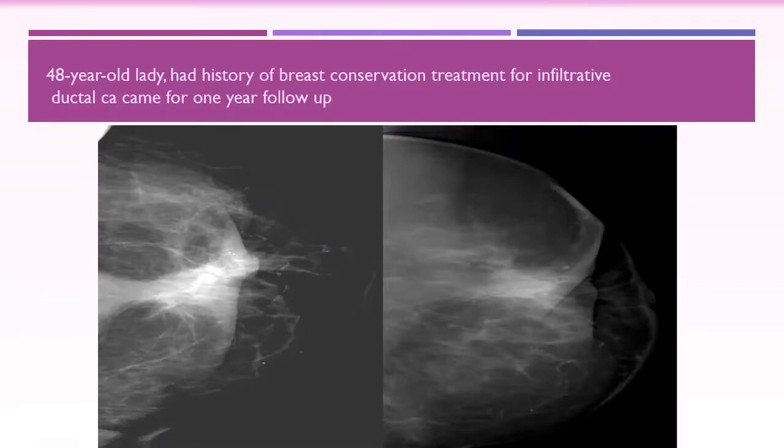So yes, the density decreased. Most probably that was post-surgical features, for example what occurs after surgery, edema and so on. And what is new? There is retraction.